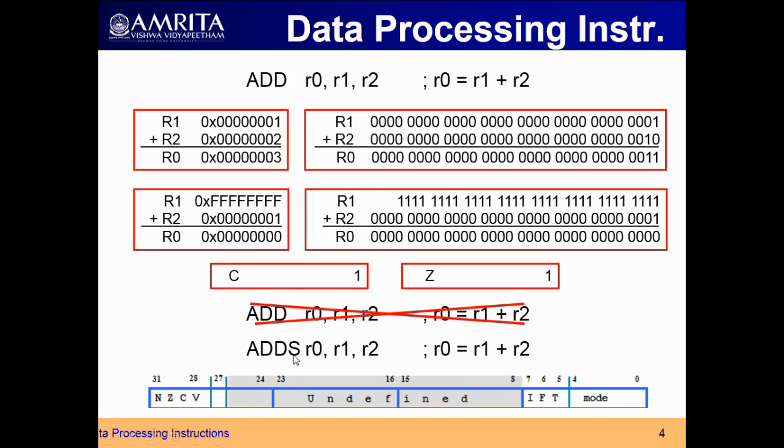So if S is added with whatever data processing instruction you are writing, whatever may be the data processing instruction you are using, then only the flags will be updated. You should keep in mind. Otherwise, only result will be generated, flags will not be reflected. So whenever flags need to be updated based on any arithmetic or logical instruction, you need to add this S bit to the instruction. Right, whatever data processing instruction it may be.